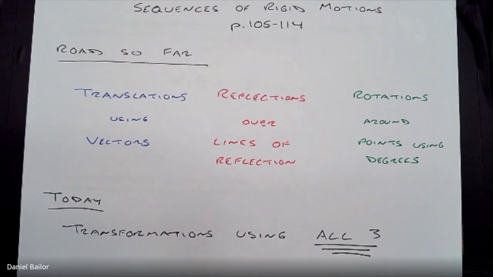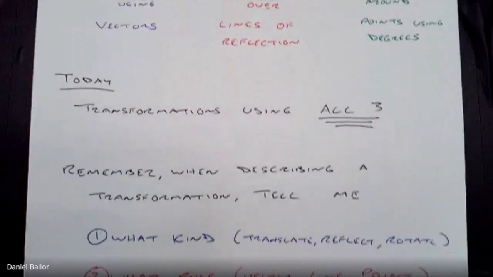Can you look at two images and tell me how one of them made the other one? So you're going to have to spend some time describing transformations today. You're going to look at the picture and say, is that a translation? Is that a reflection? Or is that a rotation? Or is it a combination of more than one of those? So you're going to have to recognize these three when we use them, and you're going to have to describe what happened using words.